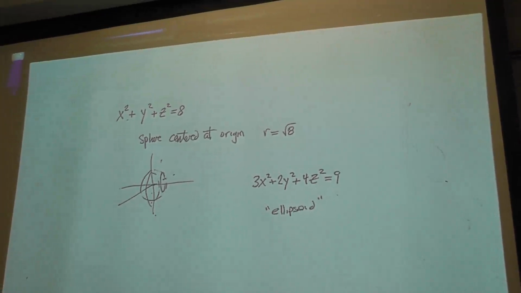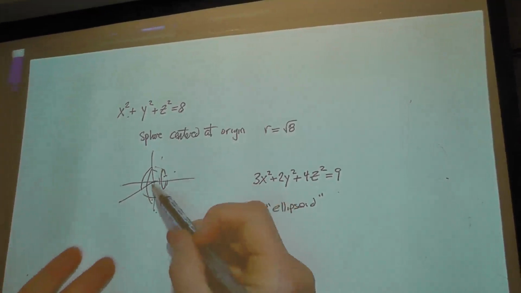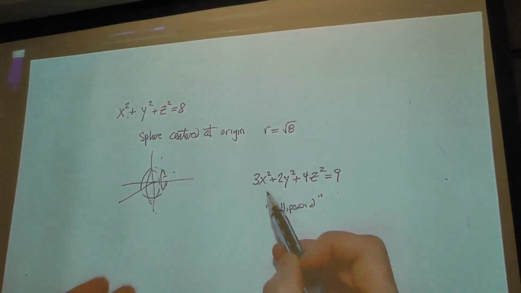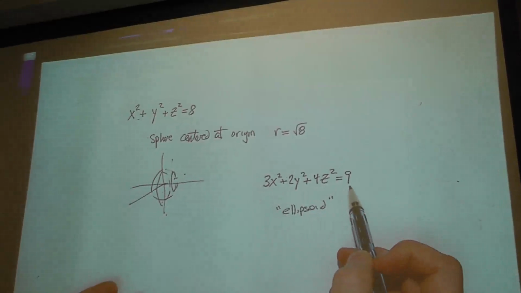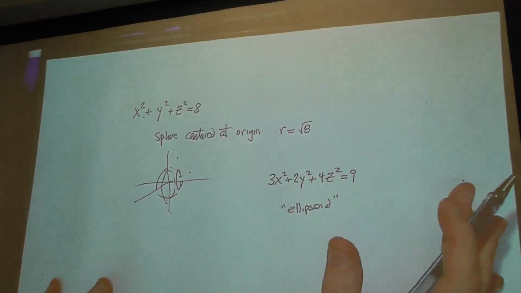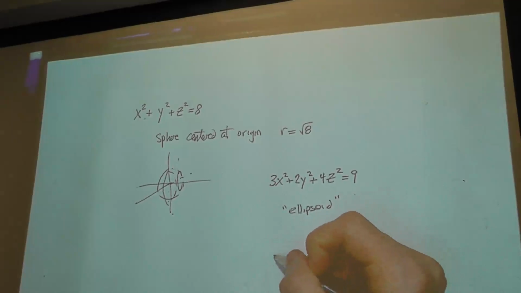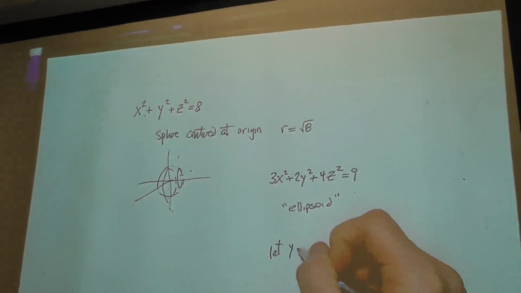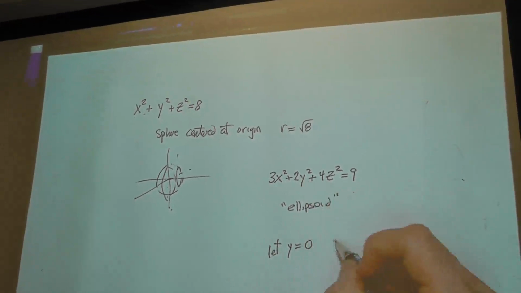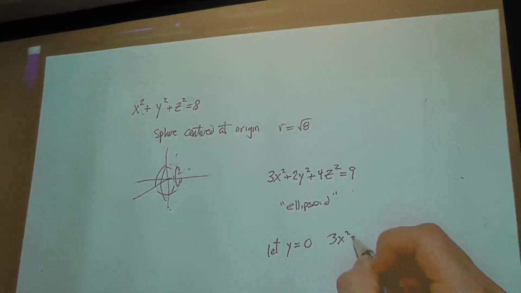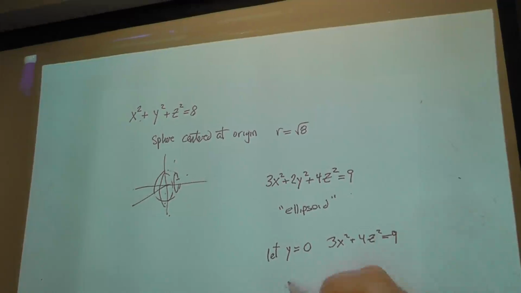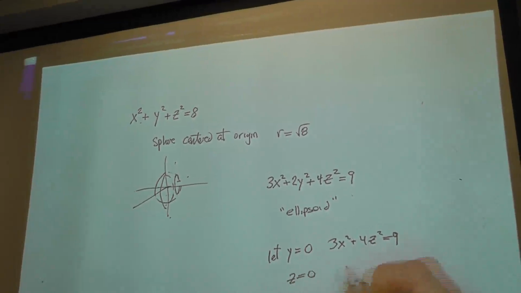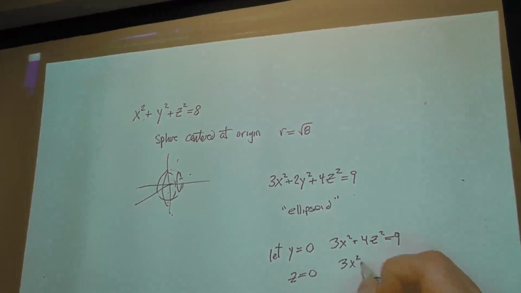Okay? So you guys all know how to find x, y, and z intercepts, and that is governed by these numbers. Notice that if you let y equals 0, say here, you have this. If you let z equals 0, you have this.